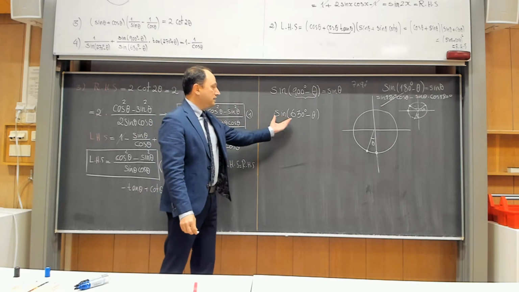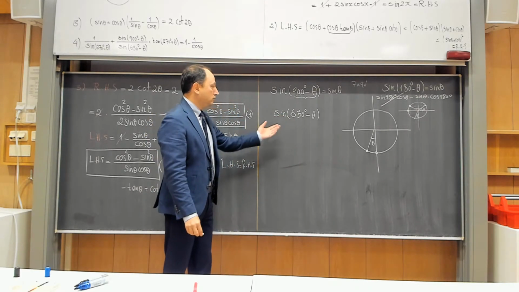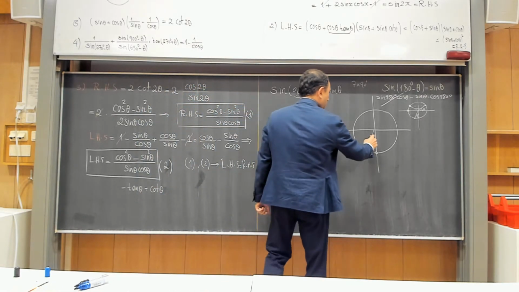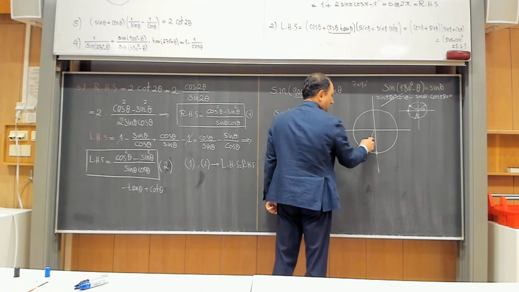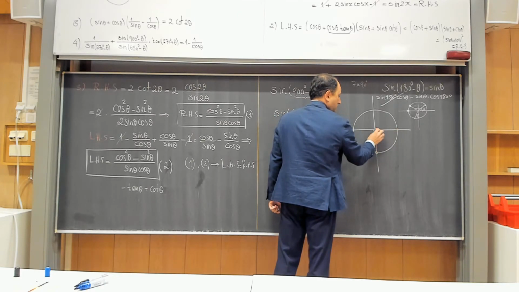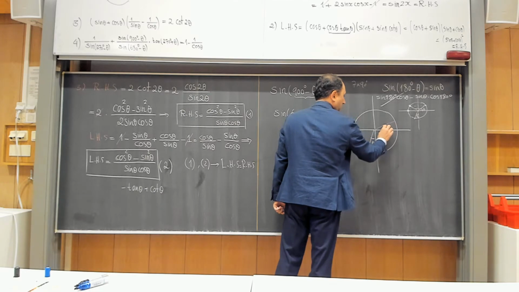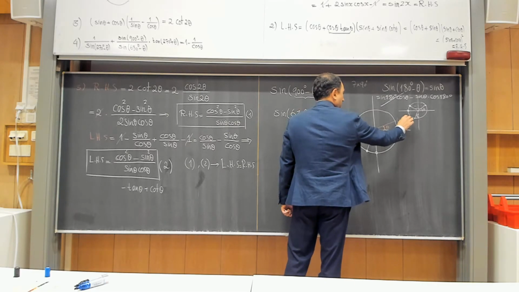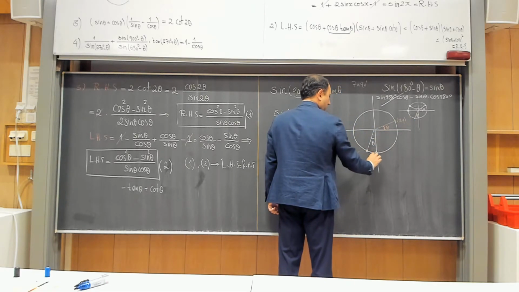And now how is this related to the sine or cosine of this angle? What I have to do is draw this angle because this is not the origin of angles. The origin of angles is here. So then I have to make this a theta angle here. Yes? And then if these are the x and y coordinates, can you tell me what are the coordinates here?